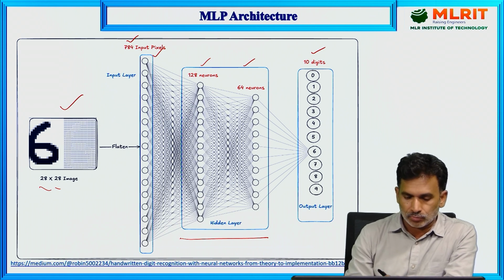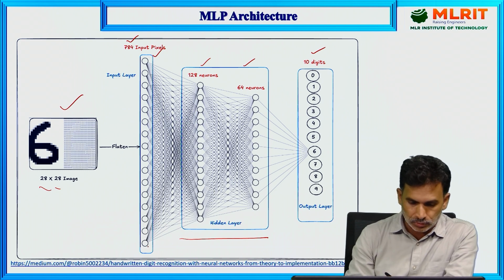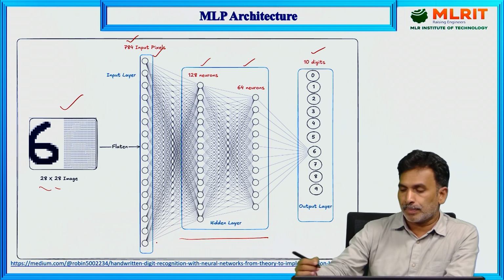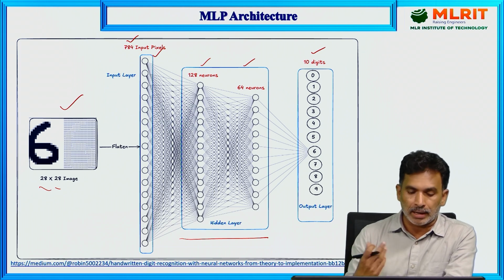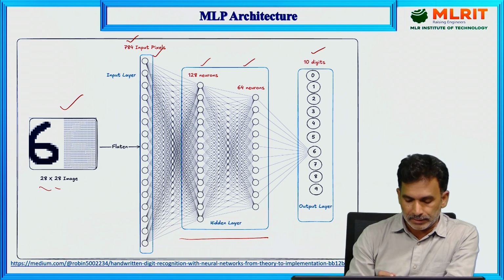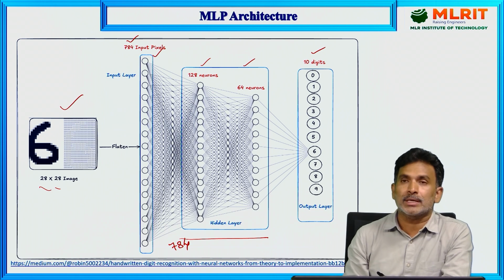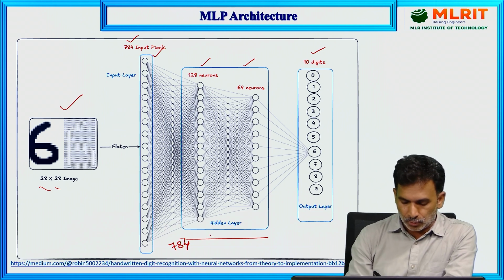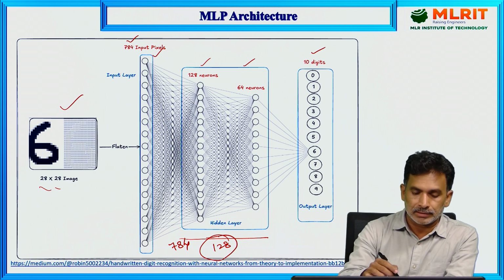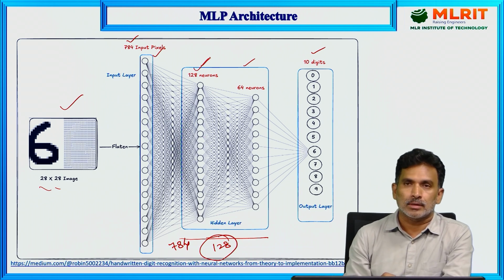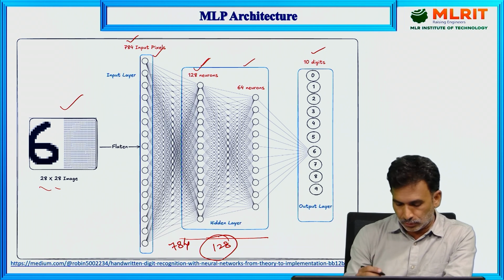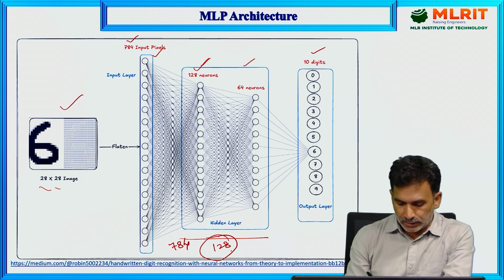The 128 neurons receive the 784 inputs with their respective weights plus bias, and each neuron produces an output, so the total output is 128.